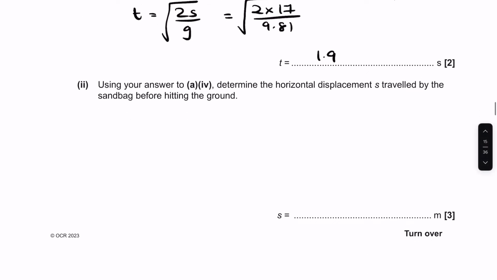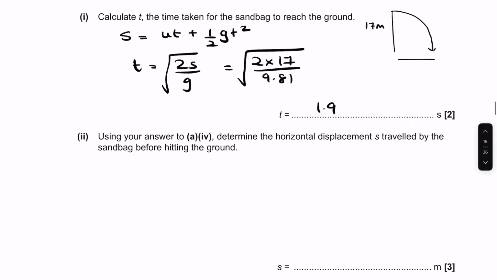Then for part II, you have to use your answer to part AIV to determine the horizontal displacement S traveled by the sandbag before it reaches the ground. So we need to work out this distance, and that is based on the horizontal velocity.